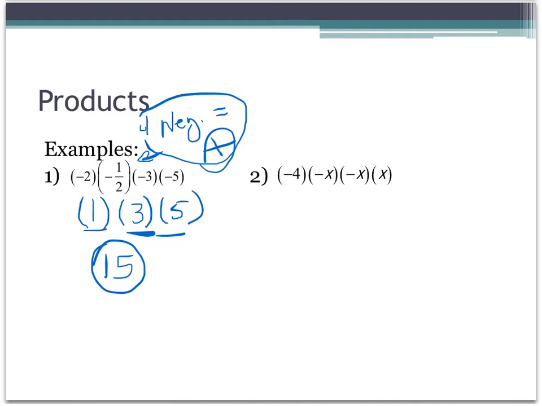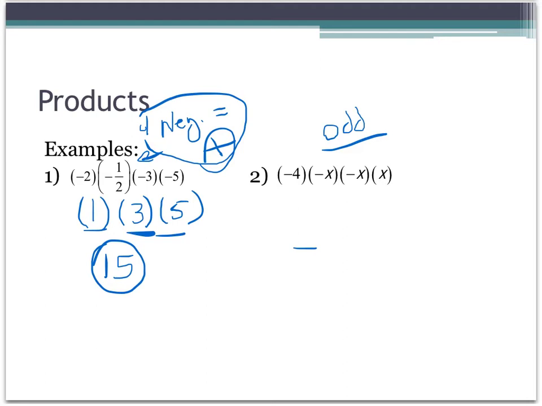In the next example, number 2 here, notice now I have negative 4 times negative x times positive x. Notice here I have 3 negatives, which is an odd amount. Well, if I have an odd amount of negatives, then I know that my answer is going to be negative. So now I'm just going to look at multiplying the terms together.